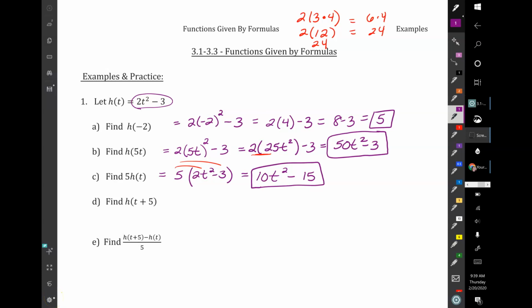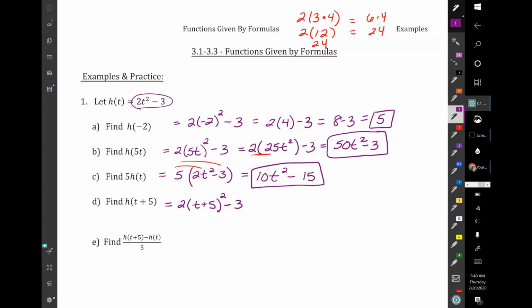Okay, so D is find h of t plus 5. So t plus 5 is my input. So I want to put that entire quantity in for t. So I'm going to write 2 and then parentheses t plus 5, and then that's all squared minus 3.